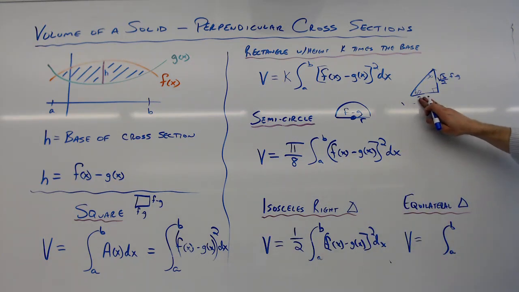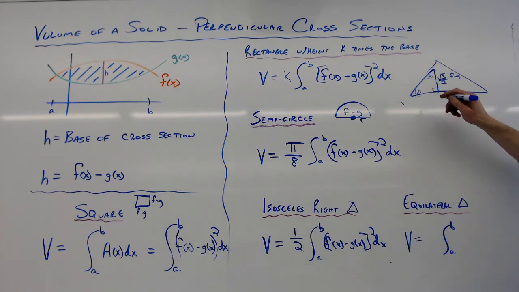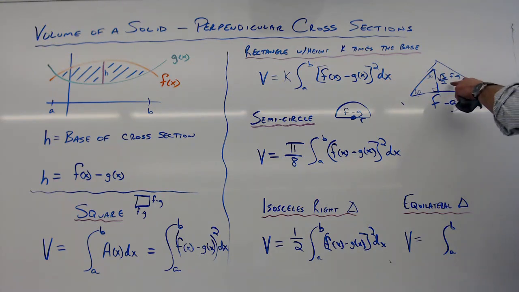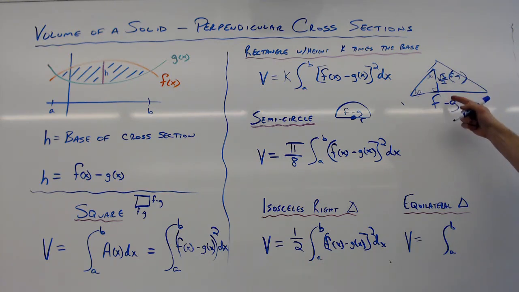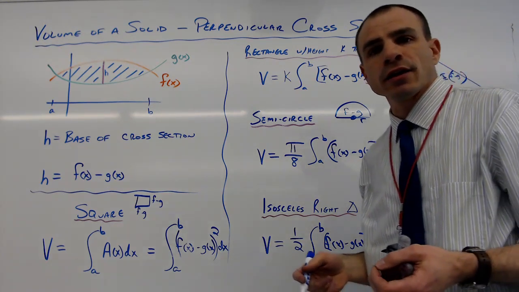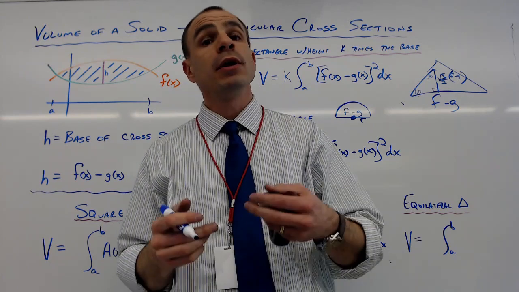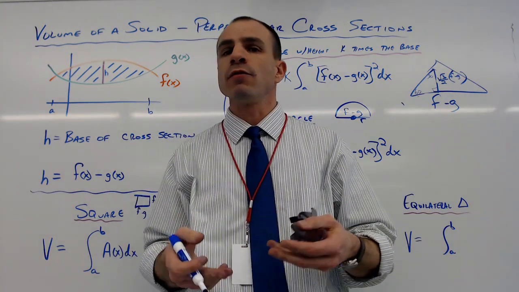All right. Now I'm going to bring this one back. Right? So I know that my whole base is f minus g. My height is radical 3 over 2 times f minus g. My parentheses there. So when I multiply them, I'm going to have radical 3 over 2 times f minus g squared. That's base times height. But again, it's a triangle, so it's base times height over 2.